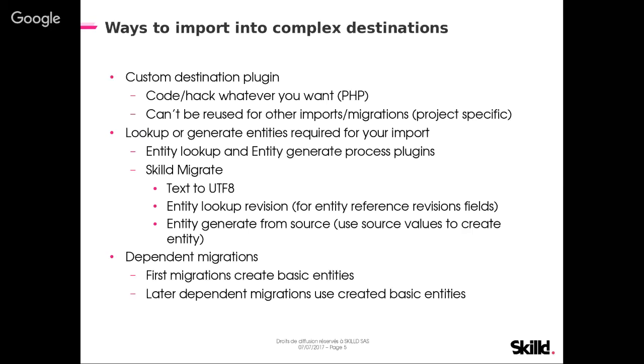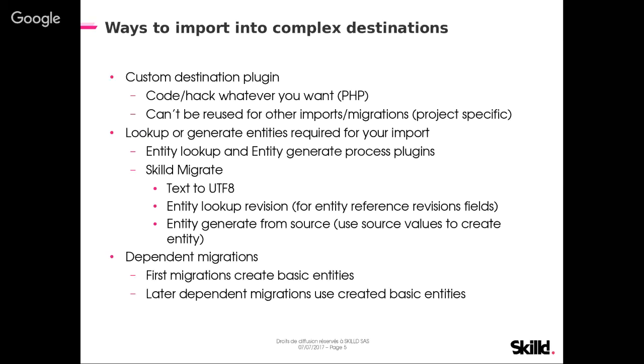For every complex content type that has references to taxonomy terms with images, for instance, or references to complex paragraphs, you will need to write this PHP logic from scratch for any other project. So we will not be using it for our case.